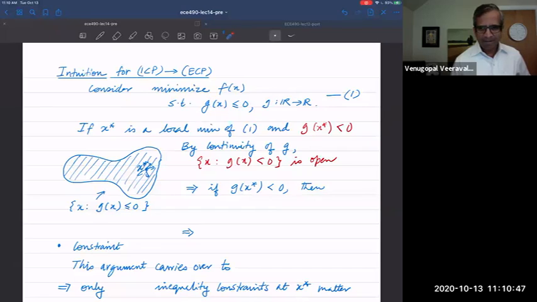For example, if g is convex. But in general, it may not be a convex set. The boundary of this set corresponds to the equality constraint g of x equal to 0. The interior of this set is the set of x's for which this is a strict inequality. Since this is an open set, if x star is sitting inside, all directions are feasible from that point.